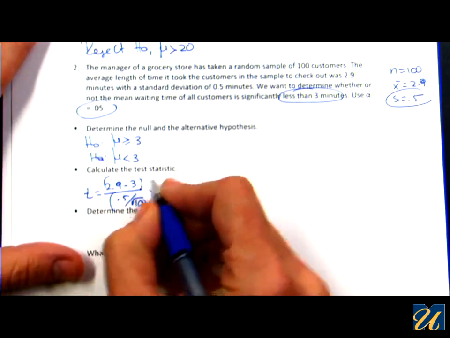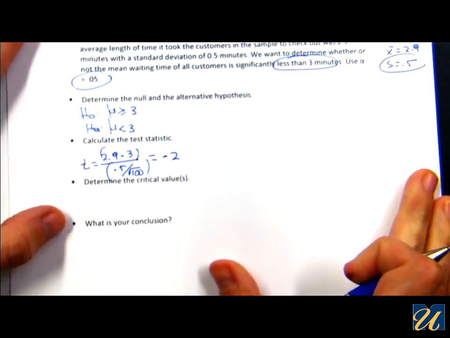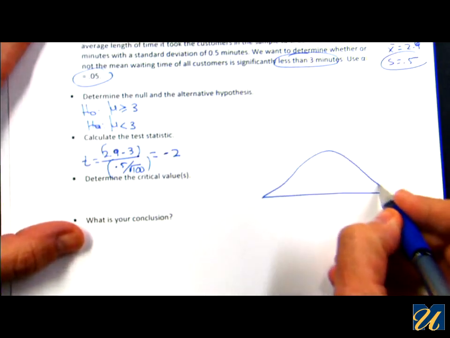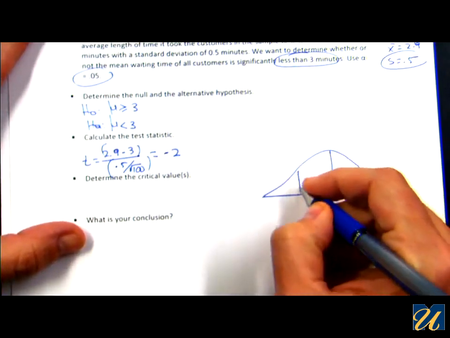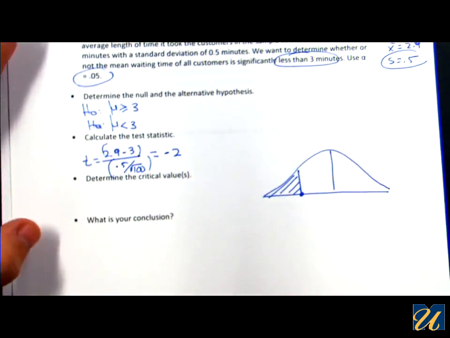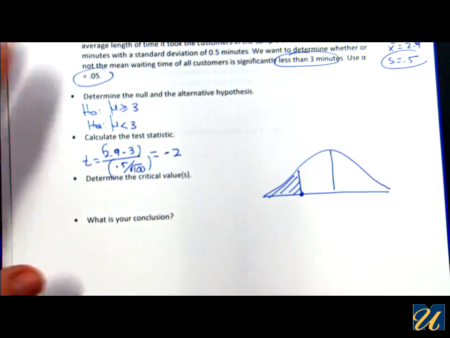The test statistic is negative 2. Determine the critical value. Again, as I mentioned before, we have a one-tail left, so the rejection area is to the left. Your critical value will be negative. So we check the t-table.